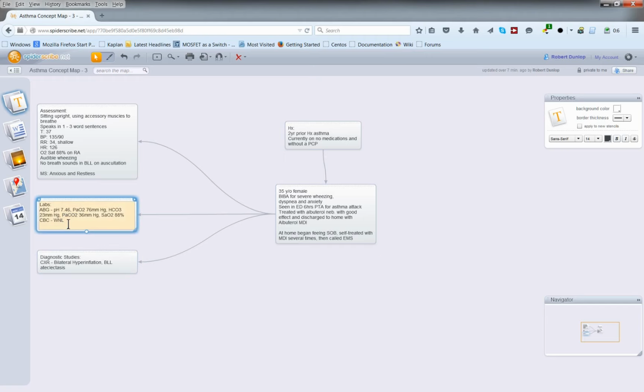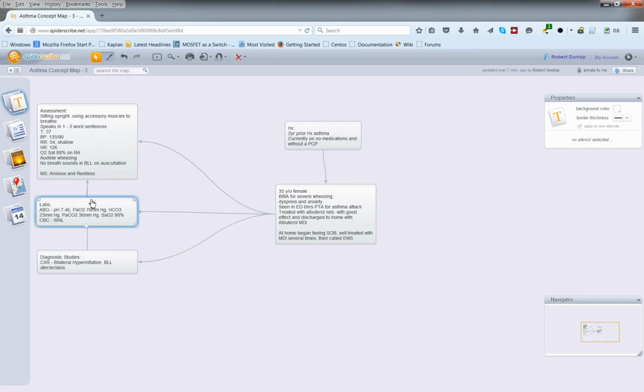CBC is basically within normal limits, nothing much going on there. For the diagnostic studies, we have a chest X-ray that's been done, and she's demonstrating bilateral hyperinflation and bilateral lower lobe atelectasis, which connects with our findings of audible wheezing, and this also supports what's going on.